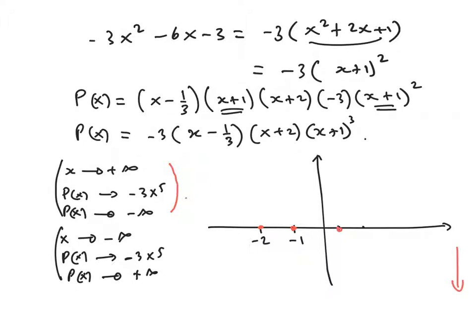And as x becomes very small, p of x becomes very large. We put an arrow going up to indicate very large. Now we can also find the y-intercept, given by p of 0, which is equal to 2. So we put the y-intercept approximately here, and then we start sketching.